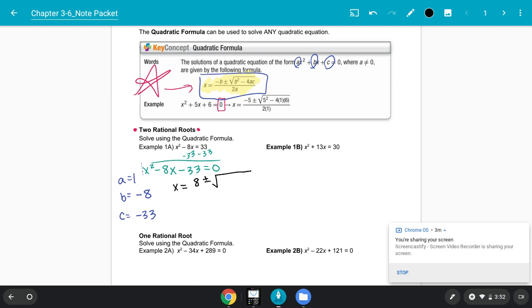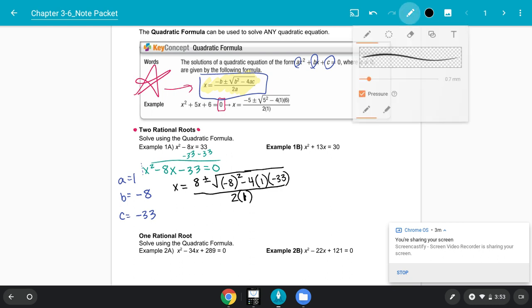The square root of b squared minus 4 times a, which is 1 from here, times c, which is negative 33. Holy cow, that's going to be a big one. And then the whole thing over 2a, and a again is 1.